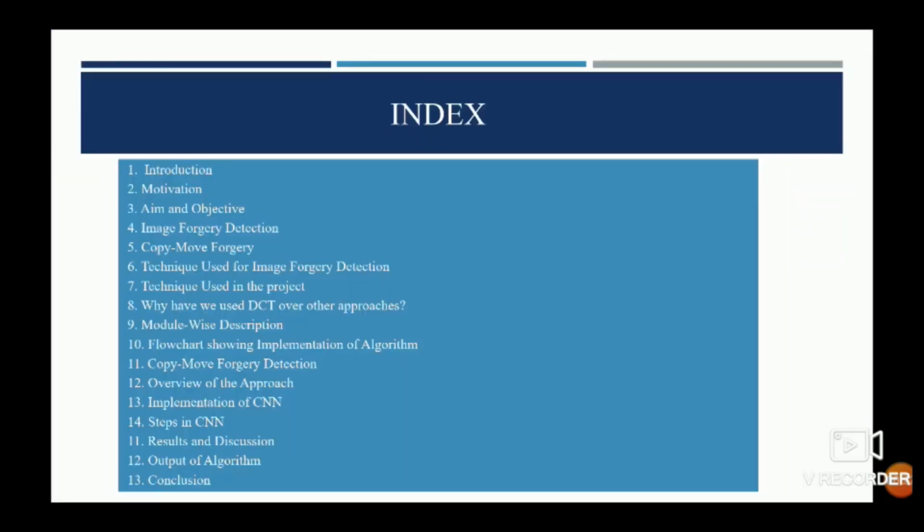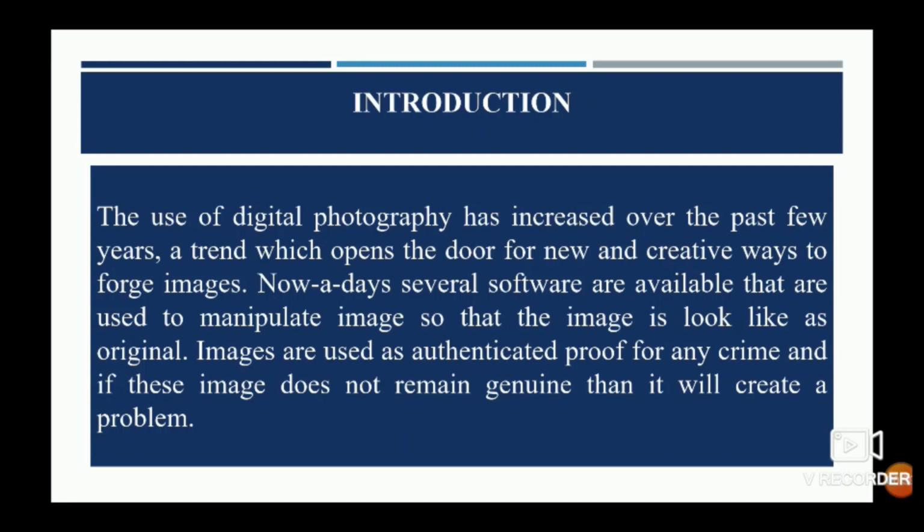Here we begin. Now this is the index or the list of contents that we have followed. Next is the introduction. The first question that arises is, what is image forgery? Basically, tampering with an image or making any changes to an authentic image is image forgery, and that image will be called a forged image.